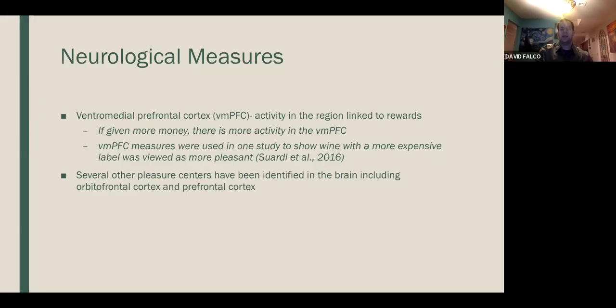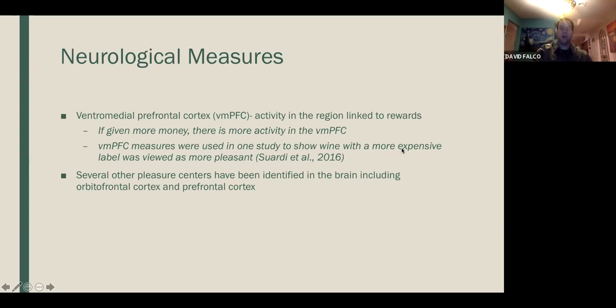And they can see different areas of the brain lighting up more when they see something that is a larger reward. They will often use this as a measure of someone being more rewarded or happier with a certain outcome based on the light up in the ventral medial prefrontal cortex, or the VMPFC, which is what it's commonly called in neuropsychology.